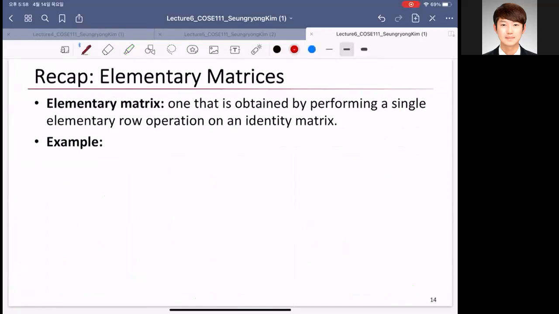For example, let's say that matrix A is 1, 2, 3, 4, 5, 6, 7, 8, 9.